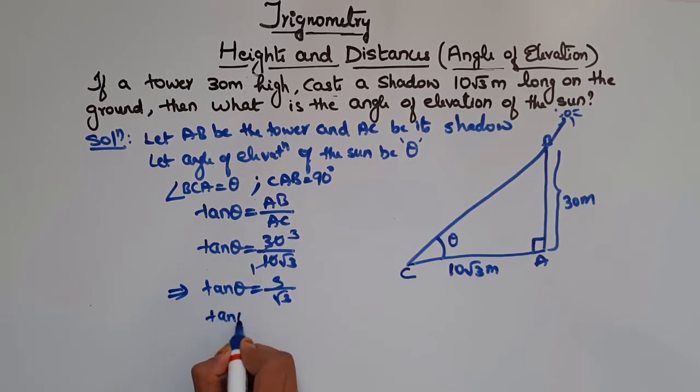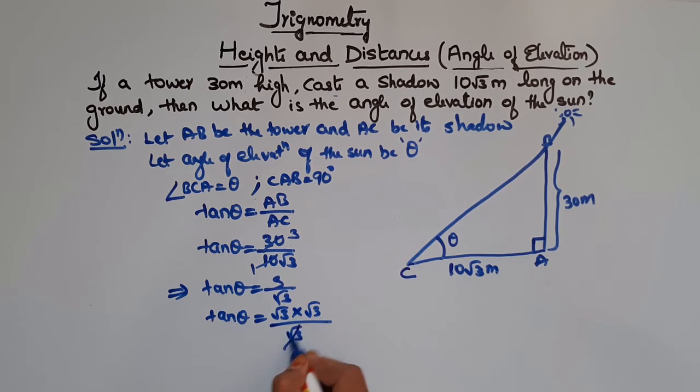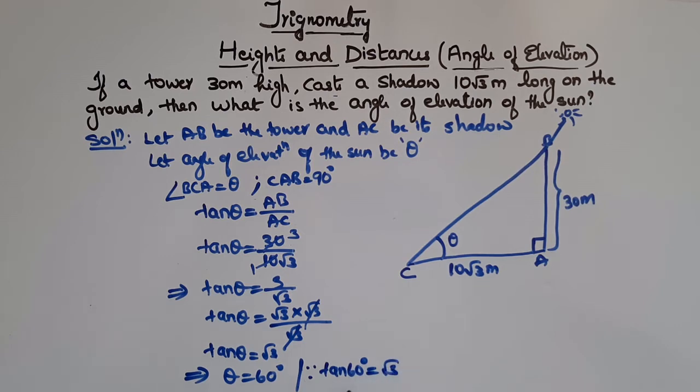So tan theta is equal to 3, which can be written as root 3 into root 3, by root 3. So one root 3 is gone. We are left with tan theta is equal to root 3. So now what value of tan theta is root 3? We know tan of 60 is root 3, which implies theta is equal to 60 degree. Since we know tan 60 degree is root 3. So that means theta is 60 degree.